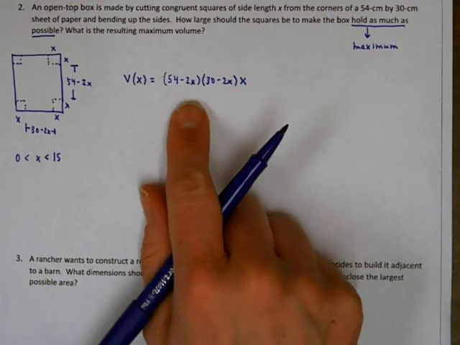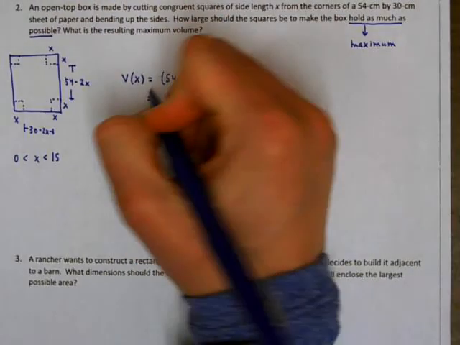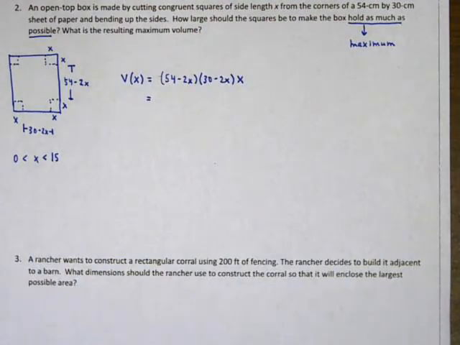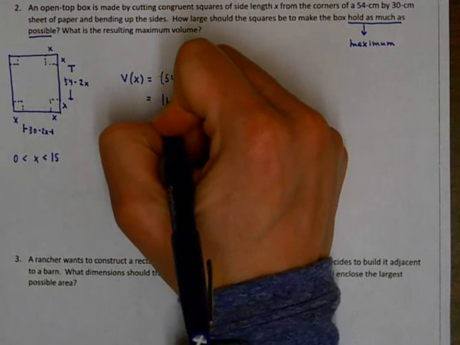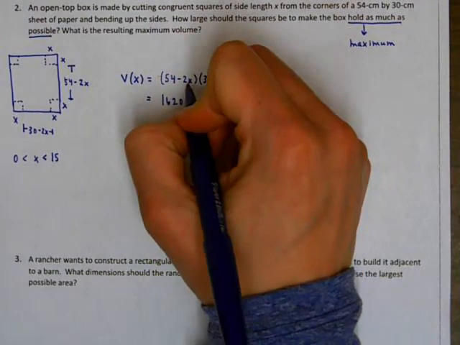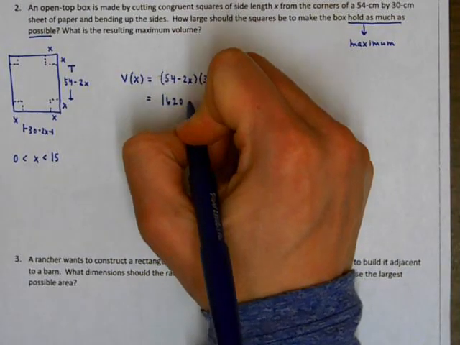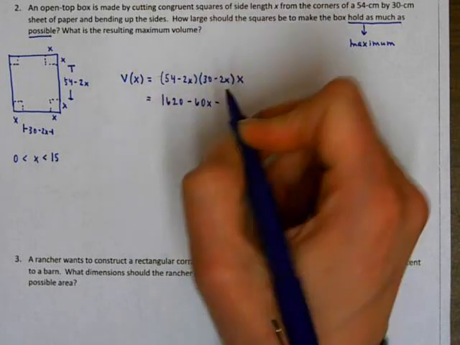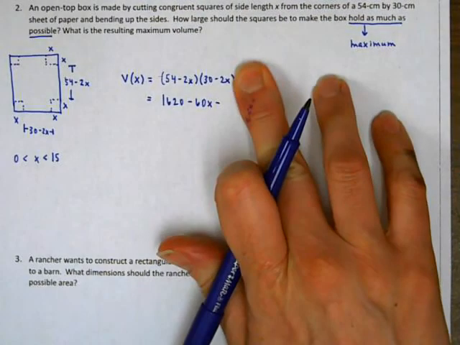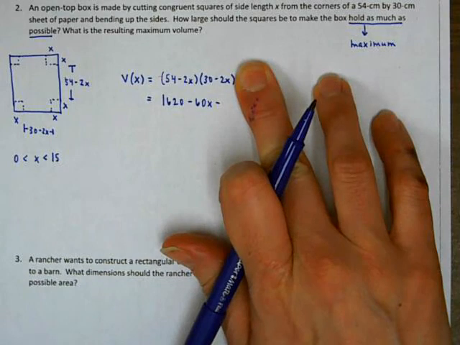So here to expand this out, I'm going to go ahead and use my calculator to help me do that. So I'm going to do 54 times 30. I'm going to get 1,620. And then I've got minus 60x minus, for right now I'm ignoring this x, I'm just dealing with my parentheses here.